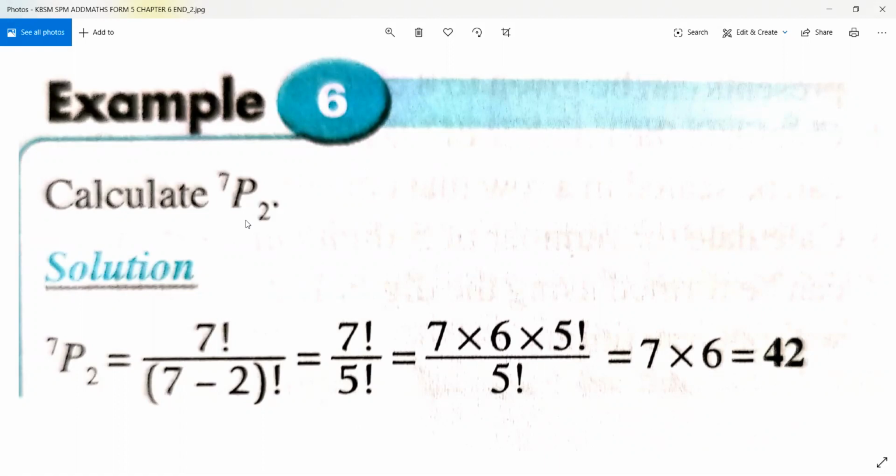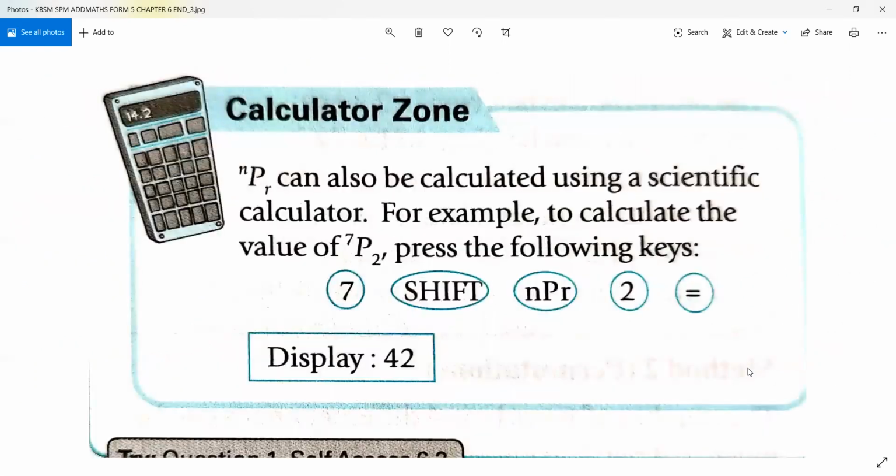So 7 factorial over (7 minus 2) factorial, so it's 7 factorial divided by 5 factorial. 7 factorial equals 7 times 6 times 5 factorial, so the 5 factorials are eliminated. We're left with 7 times 6, which equals 42. Or we can just use the calculator: 7, shift, nPr, 2, equals 42.